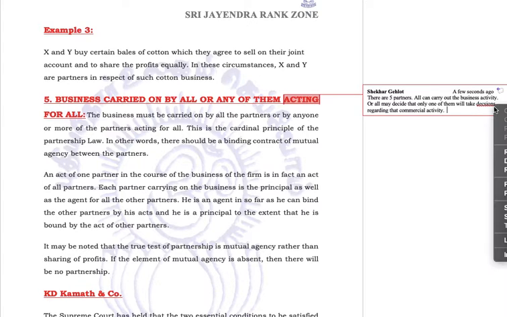Now, what is the decision making of a partnership firm? There are five members. They all may decide that we all will participate in the business activity and we all will take decisions collectively.